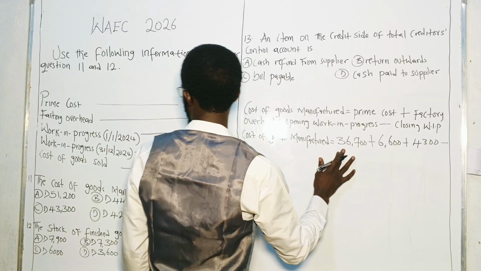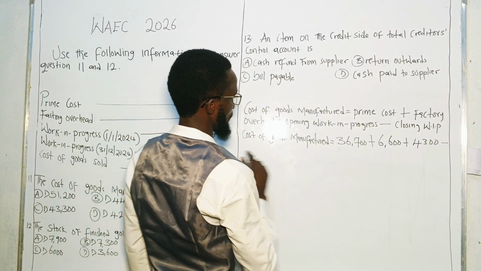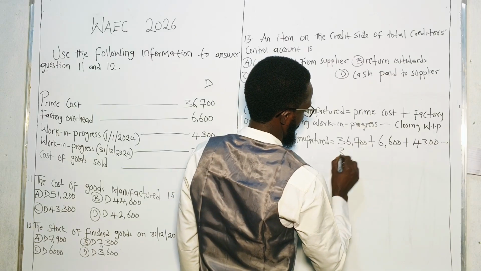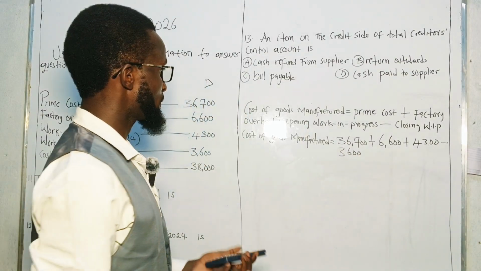Closing work in progress, that is how much? 3,600. So let's have the summation.